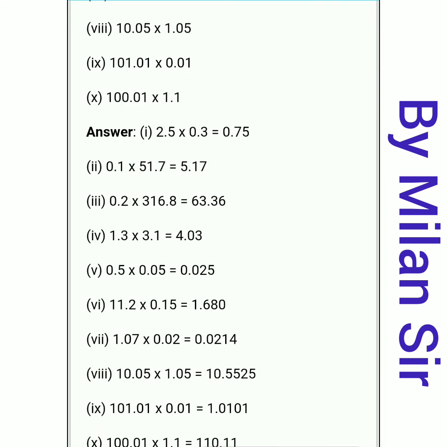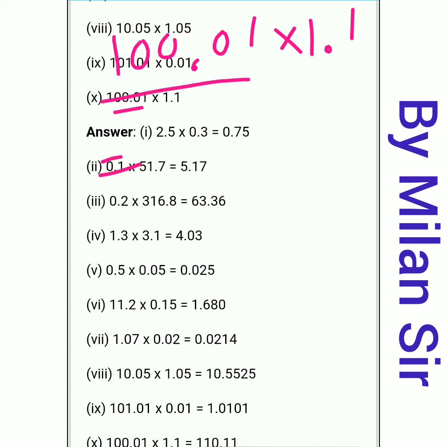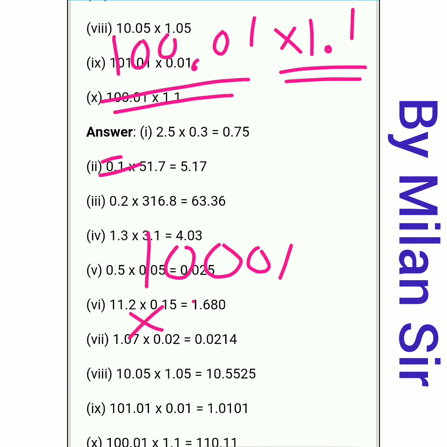Next question number 10. 100.01 multiply 1.1. First of all we need to ignore the decimal point. So this is 10001, and if we ignore the decimal point here, then it becomes 11, right? So 10001 multiply 11.